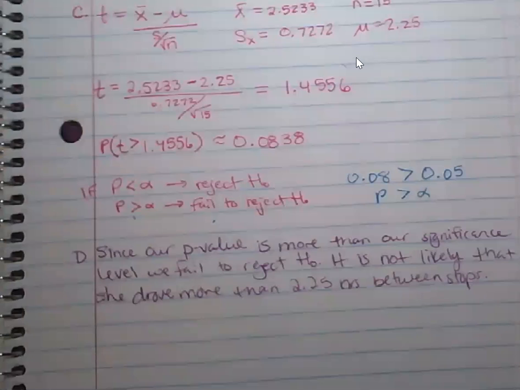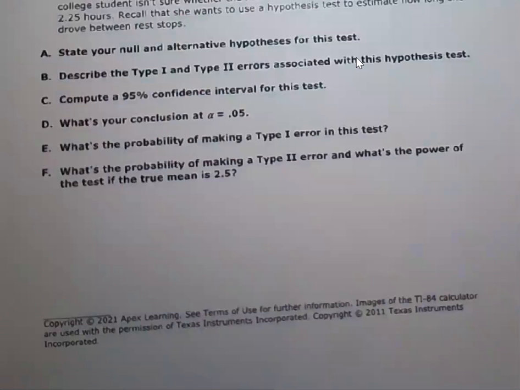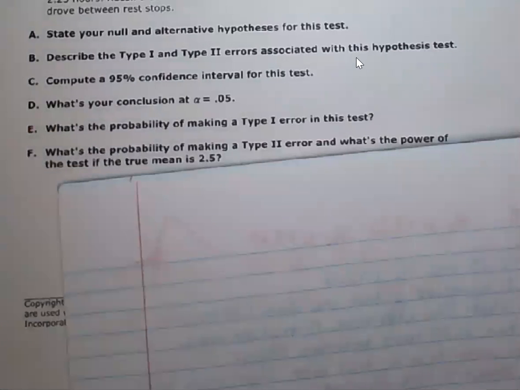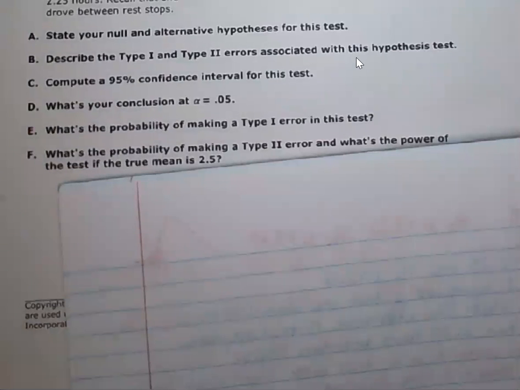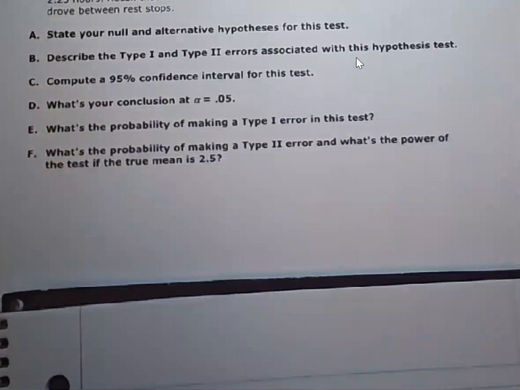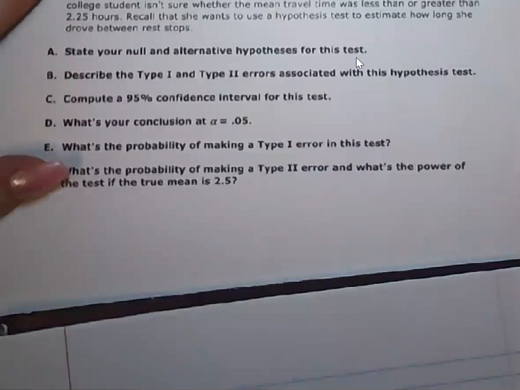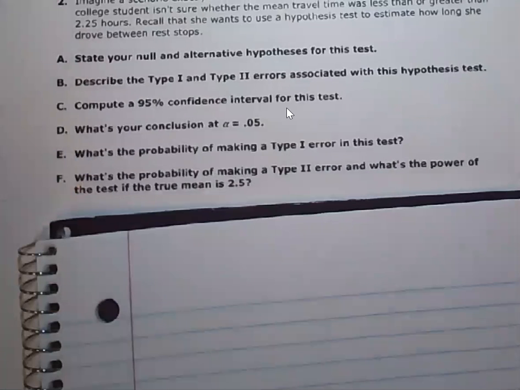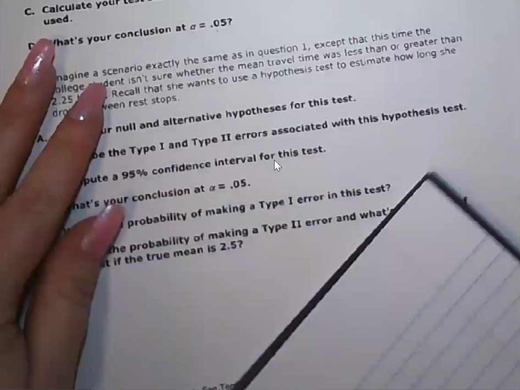Okay, number 2, we're going to do the same thing, but this time it's a little bit different. So it says, imagine a scenario exactly the same as in question 1, except, you can't see what I'm doing. Of course, you should have the paper. Yeah, there it is.